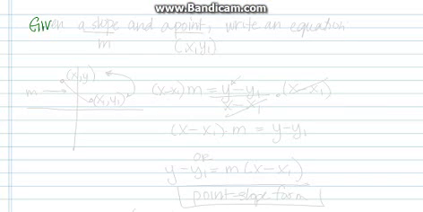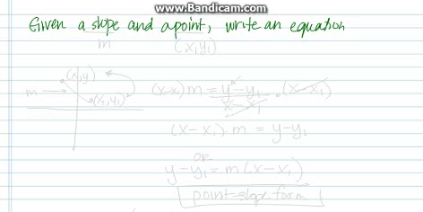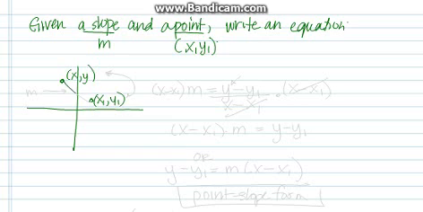Now, if you're given a slope and a point, we can write an equation. So we can call our slope m, and we're talking about a specific point, x1, y1. Now, in general, what we're talking about is that we have a particular point, x1, y1, and then we can talk about the slope between that and any other point that happens to fall on our line. So I'll label that one just x, y.